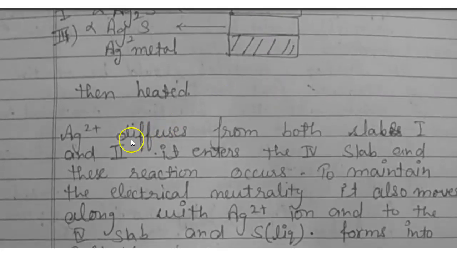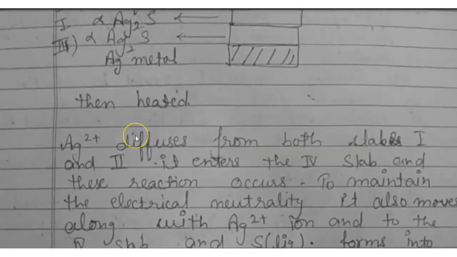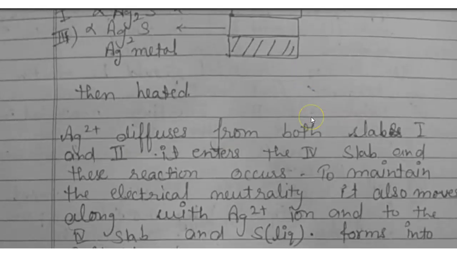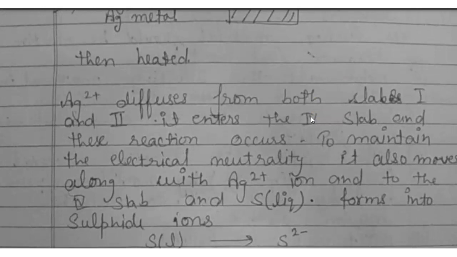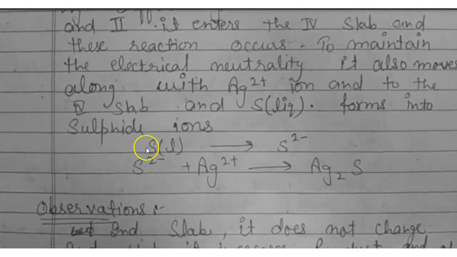Now when heated, Ag+ diffuses from both slab 1 and 2, and this occurs to maintain electrical neutrality. It also moves along with the Ag+ ion to the fourth slab, and S in liquid state forms sulfide ion like this.